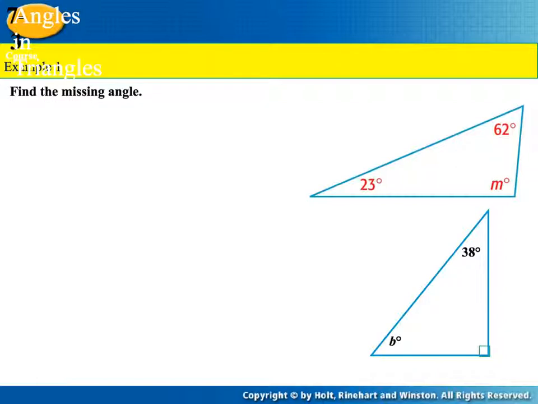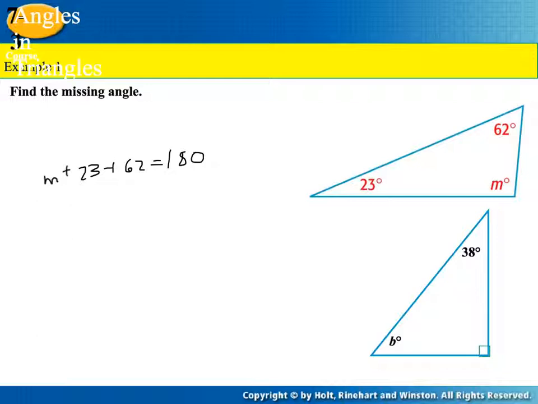All right, so as you look at this very first one, we're going to be solving for M. So what do we do with the three angle measures? Well, we don't know what M is. Okay, M plus 23 plus 62 is equal to 180. All right, so what do you do first? Well, we have to add 23 and 62 together.